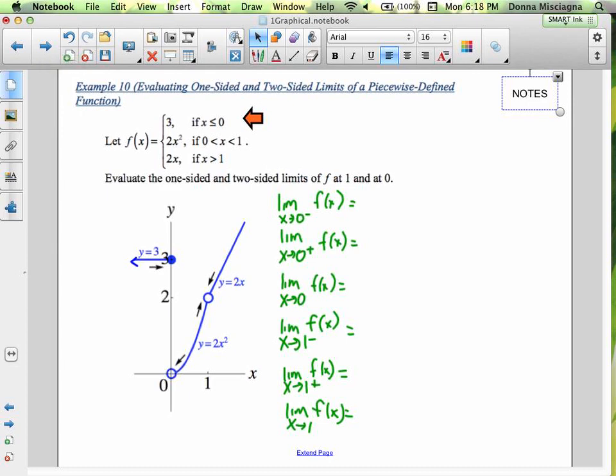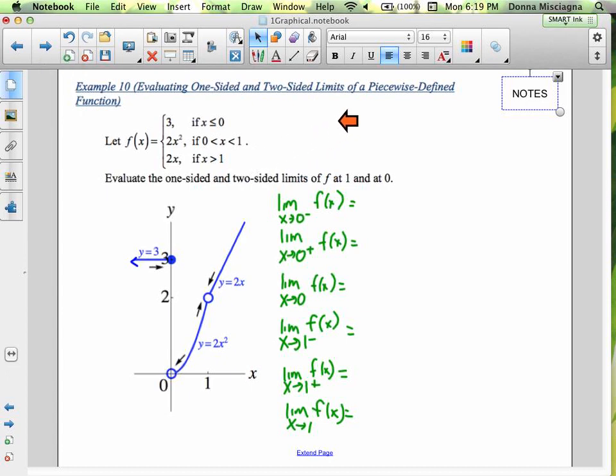So when x is 0, our function is 3. We use 2x squared if we are between 0 and 1, and we use 2x if x is greater than 1. So we just switch which rule we're using depending upon what the value of x is.